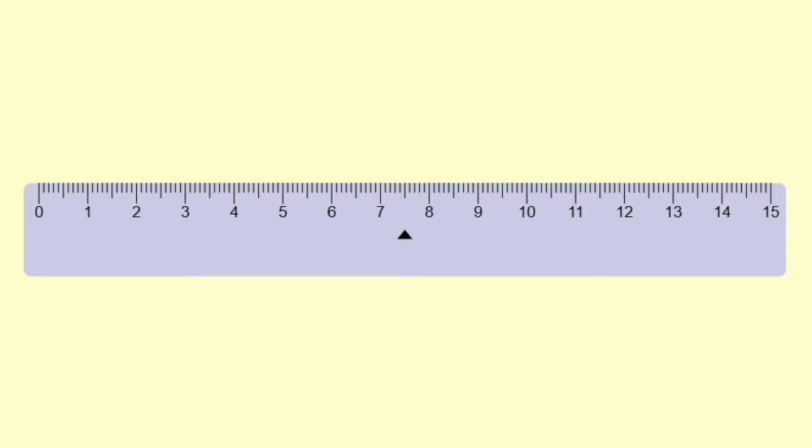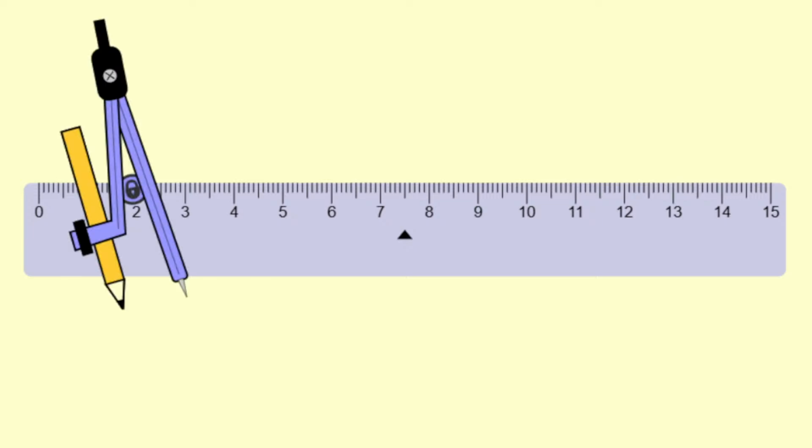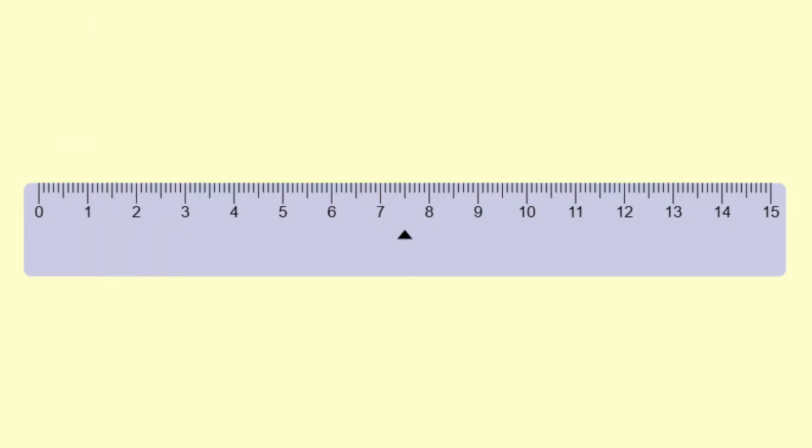Again, a line of any length you can draw. I'm just going to draw one line. The line length can be anything. A line segment we are actually drawing here. So I have drawn one line segment.